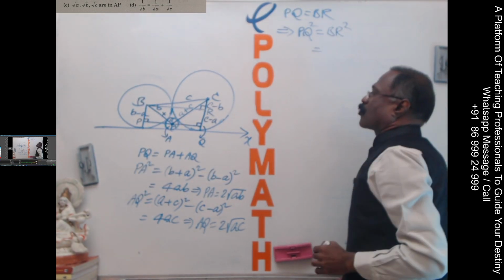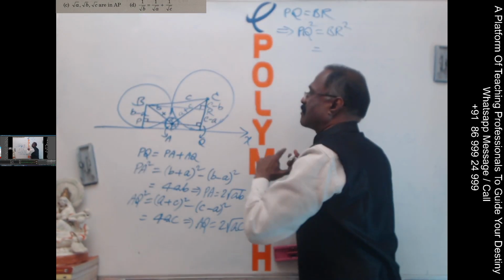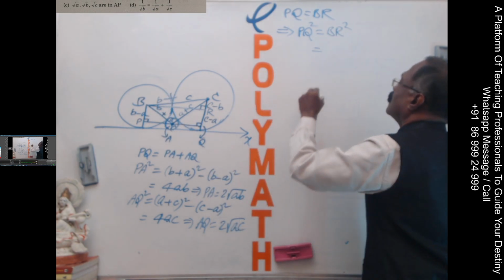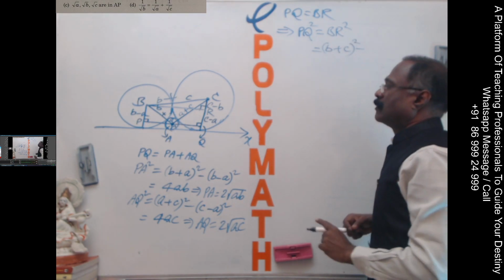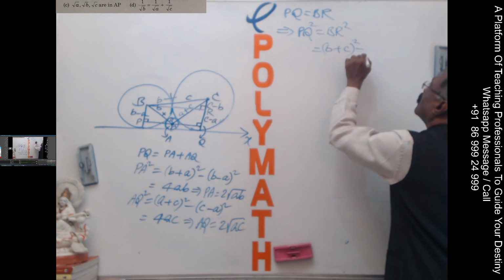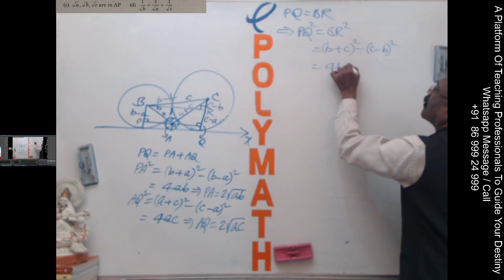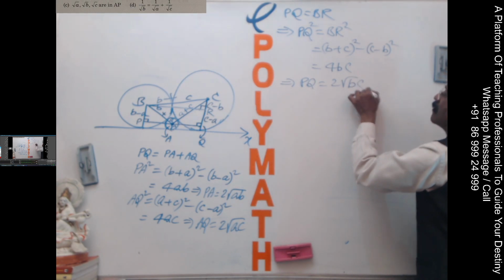What is BR square here? BR square, this one. This entire length is nothing but B plus C. So B plus C whole square minus, this one please, C minus B whole square, which is nothing but 4BC, implies PQ is equal to 2 root BC.